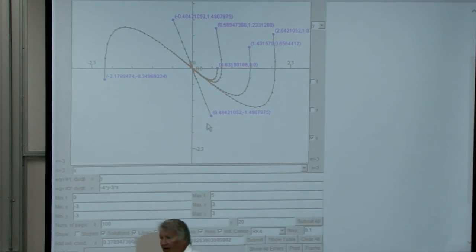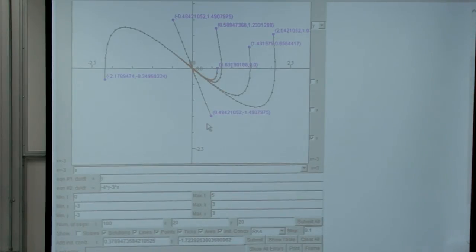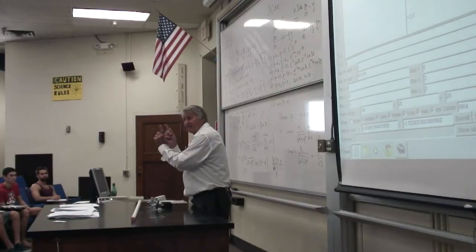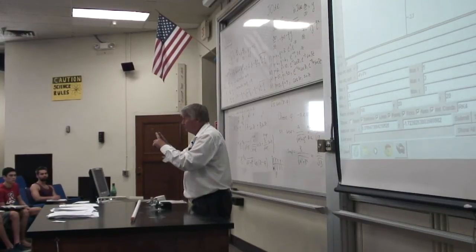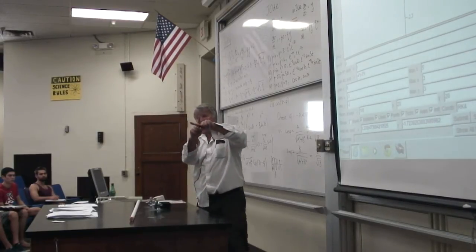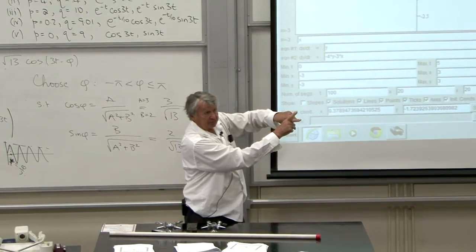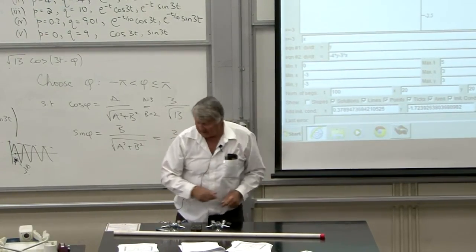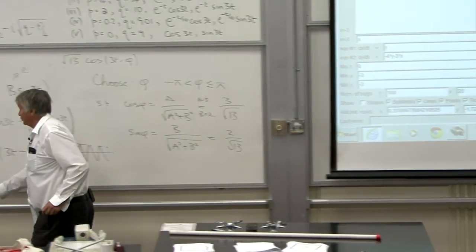Now, I can write in the plane any vector as a linear combination of 2 other vectors, as long as these 2 other vectors are linearly independent. As long as they're not collinear. In other words, the 2 vectors I use as a basis have to have an angle between them.